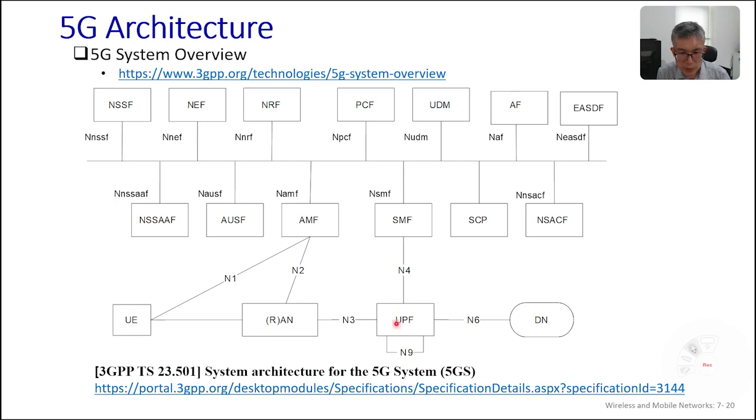So we have a user plane function, a session management function, and an access and mobility function, which is handover related. PCF is the policy control function, something like that. Those functions are used, and this is the data plane, the data network. The upper ones are the control plane functions.